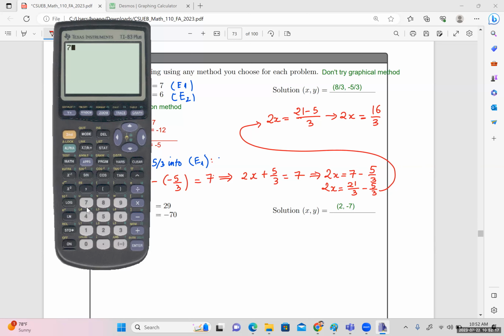Put it on the calculator, enter. You have something not very nice in decimal. You need to change it to fraction form. Click math, and number 1 is the fraction option, enter. So that's going to be 16/3, right? 16/3 here.